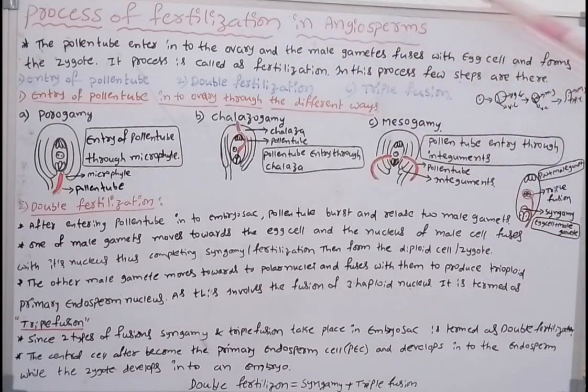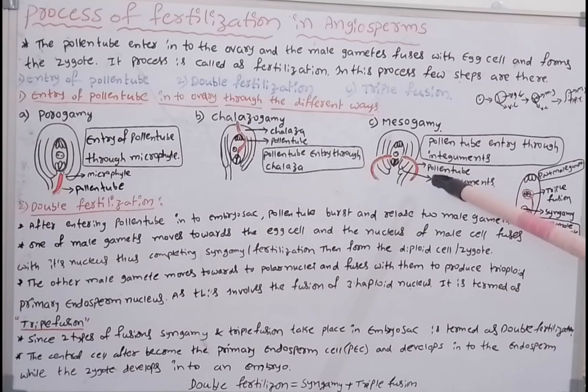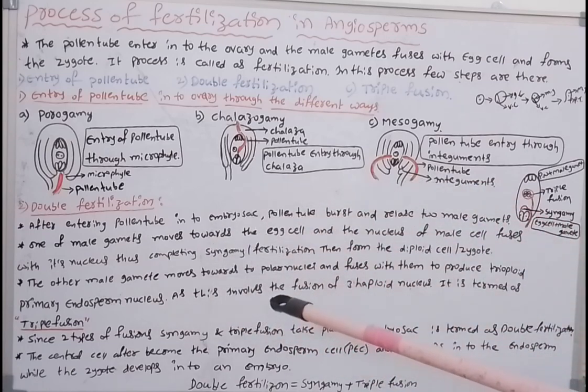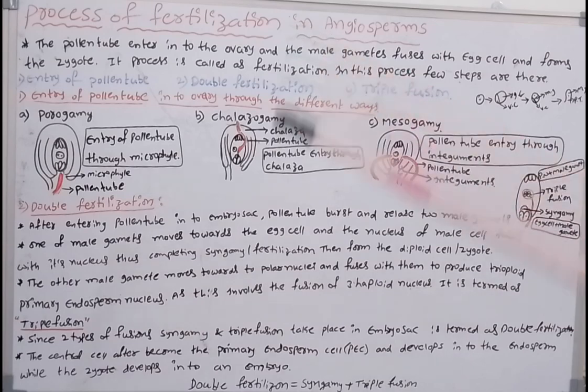This is the process of fertilization. First one, entry of the pollen tube in three different ways. Next one, double fertilization. Double fertilization means triple fusion and syngamy. Two fertilizations occur in the embryo sac, that's why it is called double fertilization. Two polar nuclei and one male gamete fuse and form the primary endosperm nucleus.